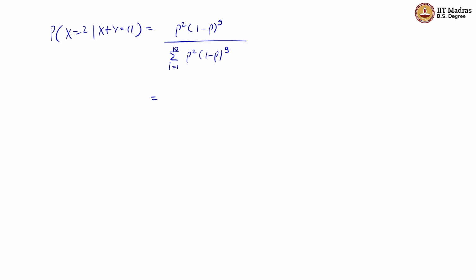So we'll get p square into 1 minus p raised to the power 9 divided by p square into 1 minus p raised to the power 9, and inside the summation we will have 1. So we will cancel this and we'll be left with 1 by 10, and our final answer is 0.1.